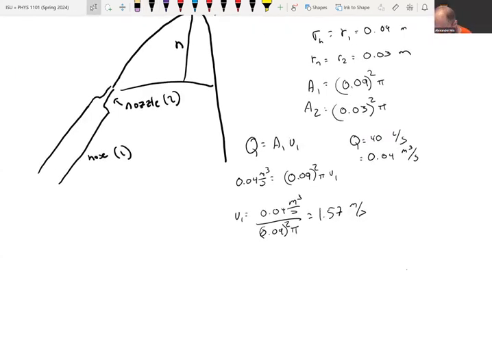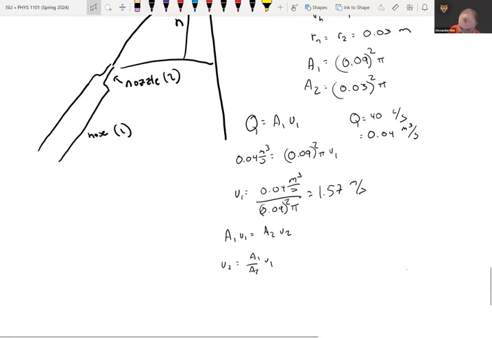Now we can find V2 using A2 and V2 instead of that. But I actually think it's a little easier to do A1 V1 is equal to A2 V2. And what we're going to get is V2 equals A1 over A2 times V1. So A1 over A2, as I reminded you, A1 is going to be 9 times as large as A2, and you can verify that if you want, but 0.09 squared pi over 0.03 squared pi.